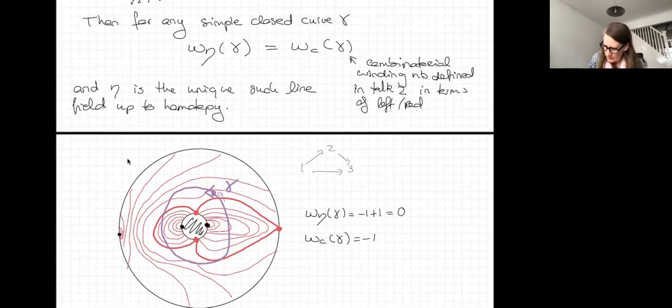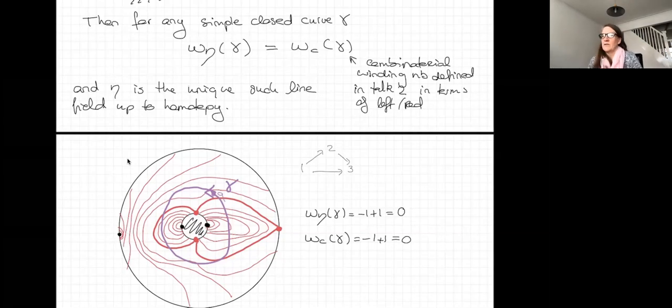Then you go to the next intersection, and you check if in the orientation your mark point is on the right or the left, and here it's on the left. So we do +1 by our convention, that gives you 0. So certainly in this example, it checks out, and you can check that it's true in general.